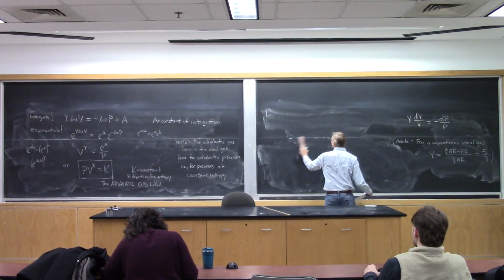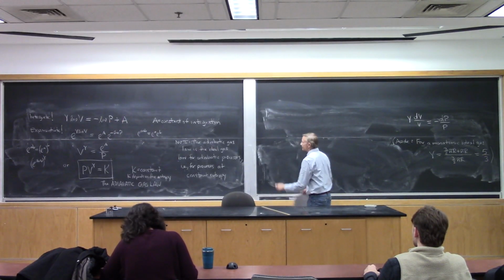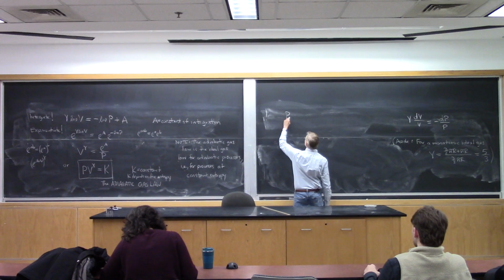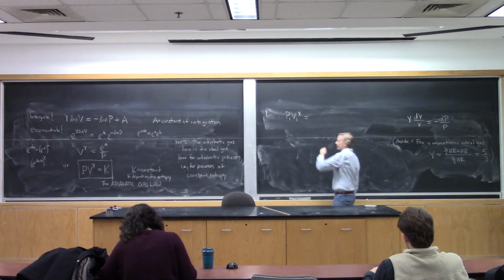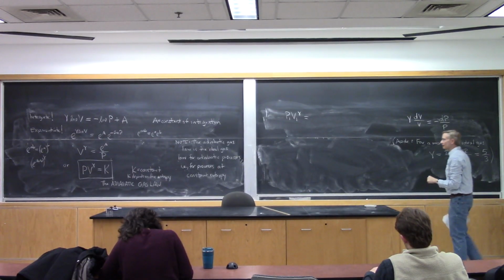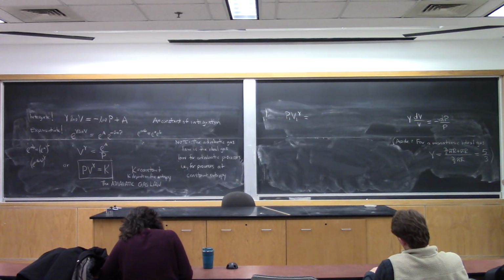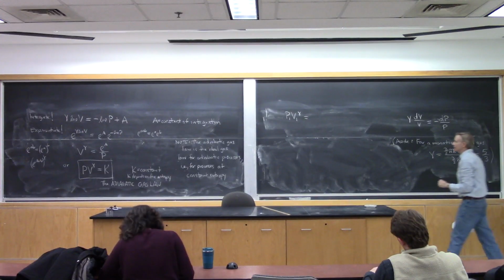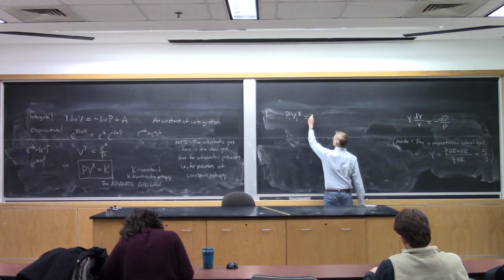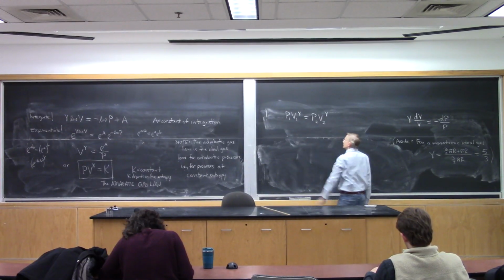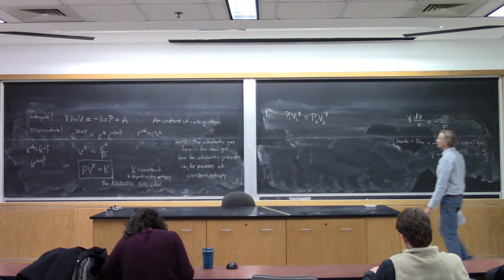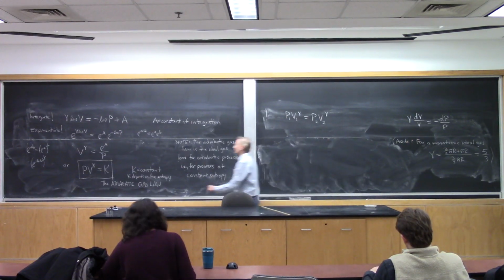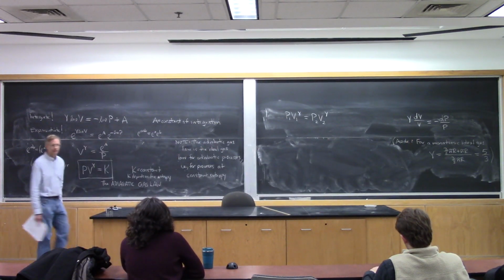And another way to think of this is that if our bubble is rising, and its initial pressure and volume are P1 and V1, its final pressure and volume, P2 and V2, will be related like P1 V1 to the gamma is P2 V2 to the gamma, because they're both equal to this same constant.